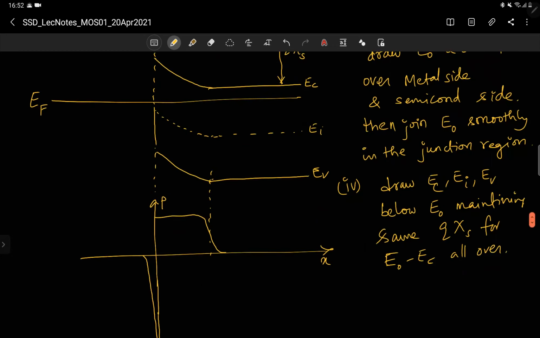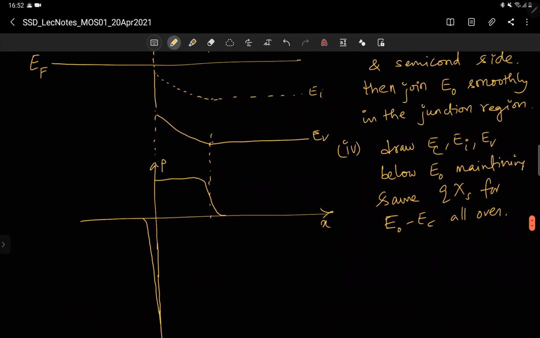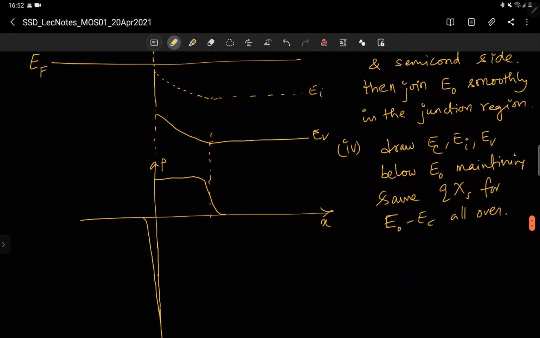Okay, so that's how that completes. That's how you draw.